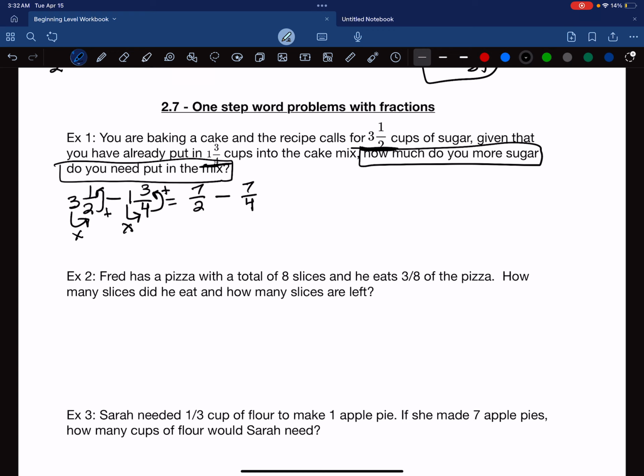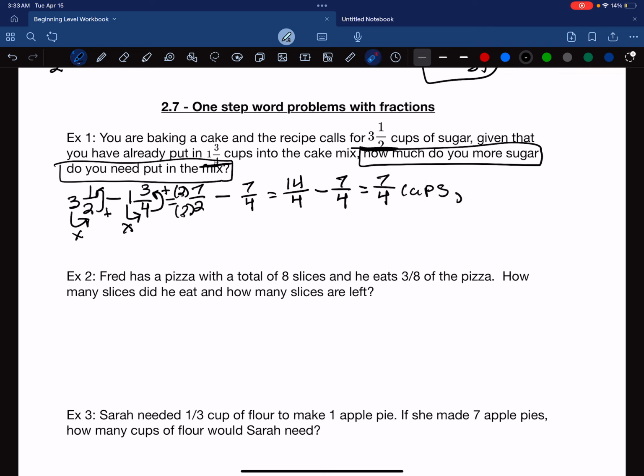And then from here, you are going to want to find a common denominator. So we're going to multiply this 2 by 2 to get the common denominator of 4. So 7 times 2 is 14, and then we put that over 4, and then we subtract 7 over 4. And then 14 minus 7 is 7 over 4. So we have 7/4 cups.